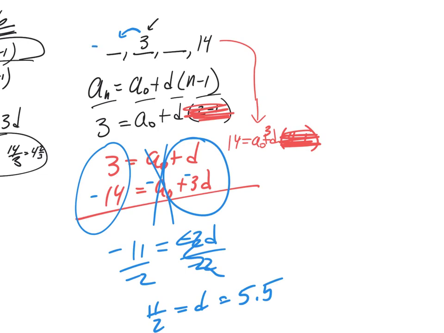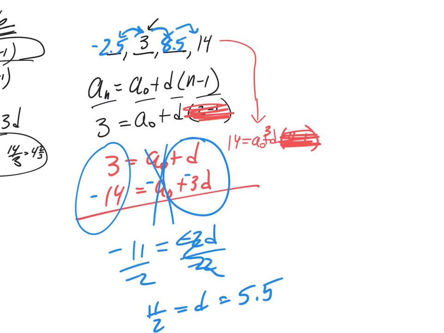So then that's negative what? And just to double check, I'm going to go back and add 5.5 to it and see if I really get 3. And I do. And then I'll add 5.5 to that, and that'd be 8.5. And then I'd add 5.5 to that, and it makes 9 and 5 is 14. Yep, it worked.